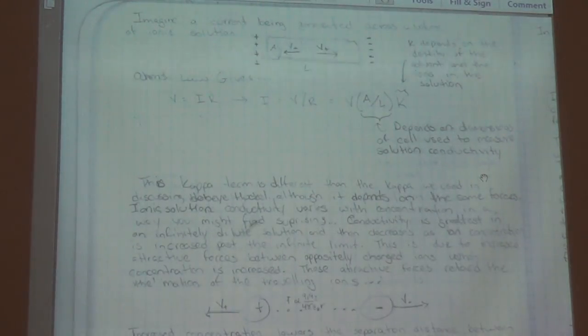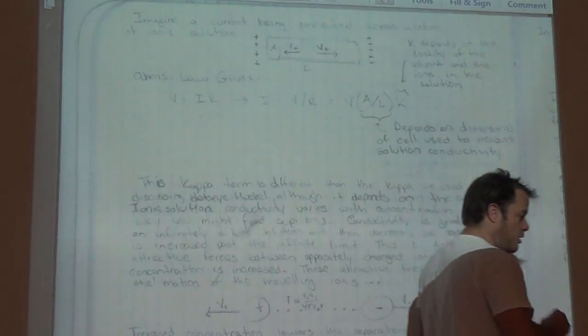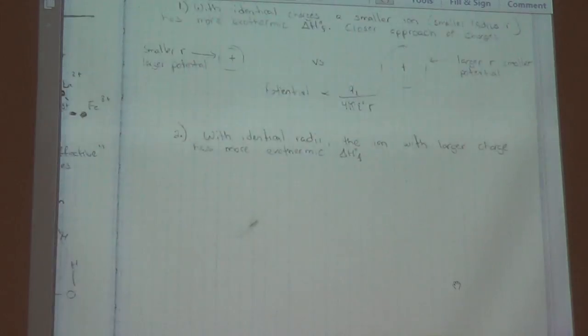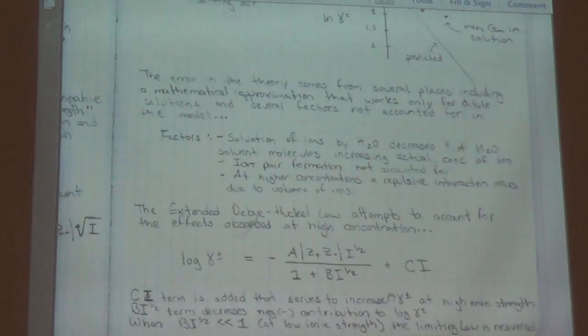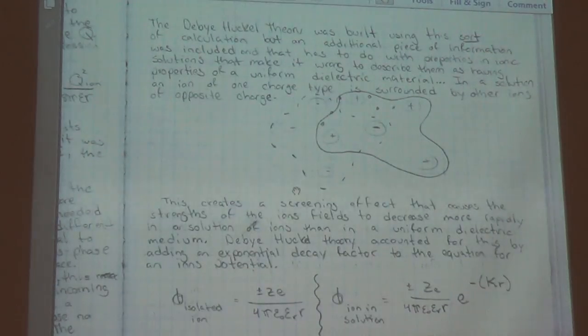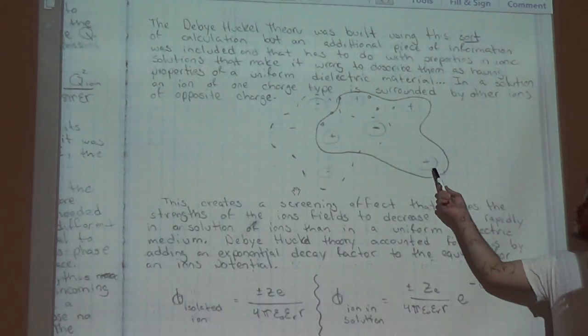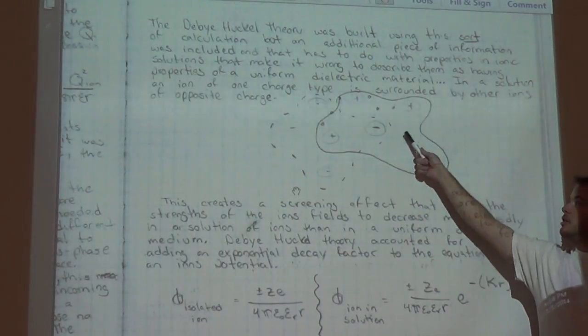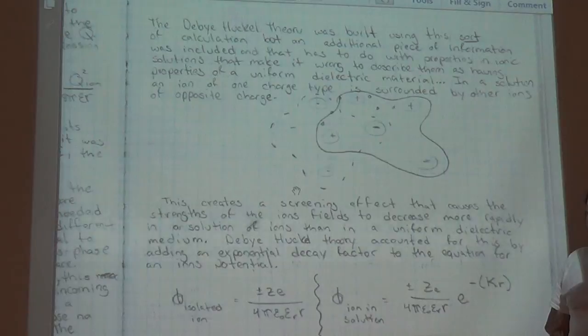And to understand that, we can go back to this image that we had on our other set of notes, where we looked at the number of solvating, or the number of ions surrounding an ion of a given charge.